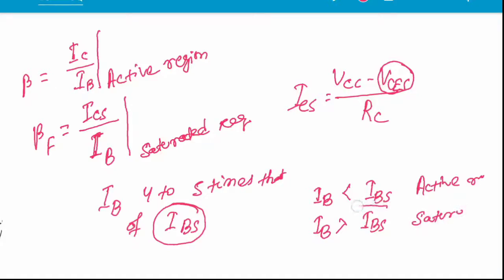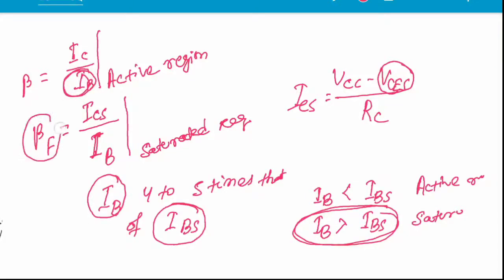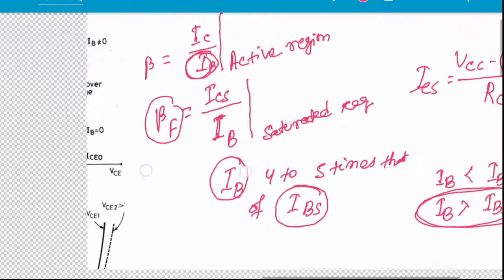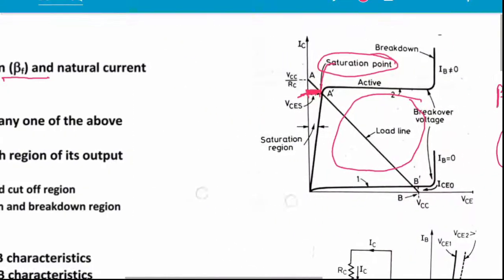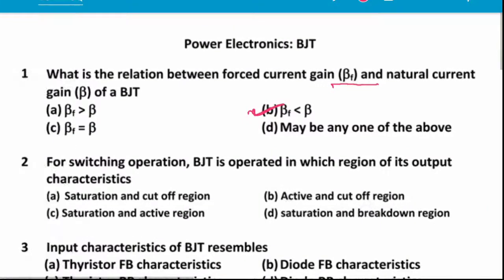So this condition is used in case of saturation. So as IB is 4 to 5 times that, beta F is always smaller than that of natural beta.